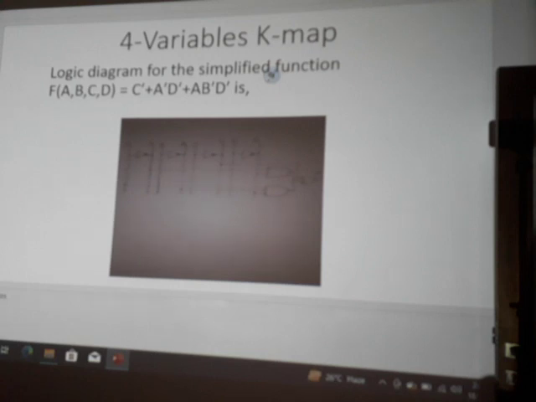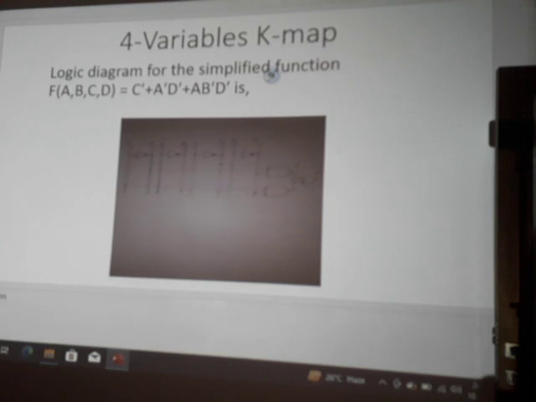So we are using two AND gates, and the first AND gate has inputs A dash, D dash. So we will draw two lines, one from A dash vertical line and the other from the vertical line D dash. So these two inputs are given to the first AND gate. Similarly, the three inputs are given and these are connected with the other gate.